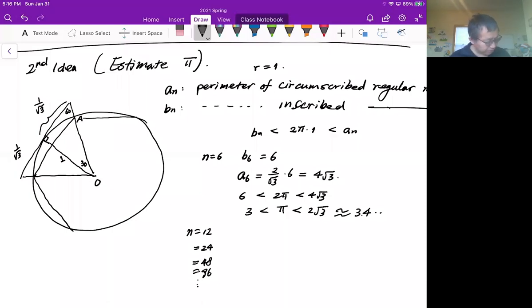And then in history, someone did that for, let's say, n equals 1,536.